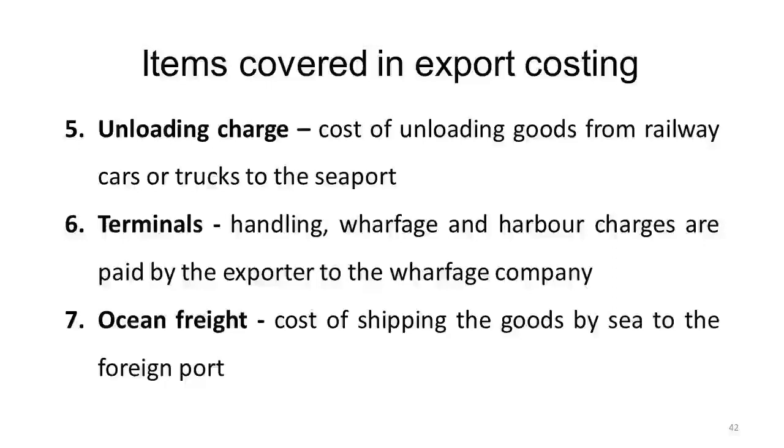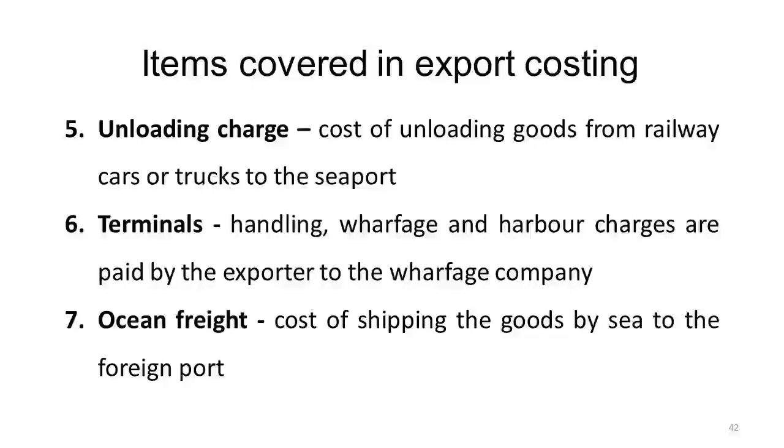So you had quoted a price of $10 for the garment per unit, and then you had added 50 cents for sending it from Delhi to Mumbai. Then you add another 50 cents for unloading charge. You add another 50 cents for terminal charges.